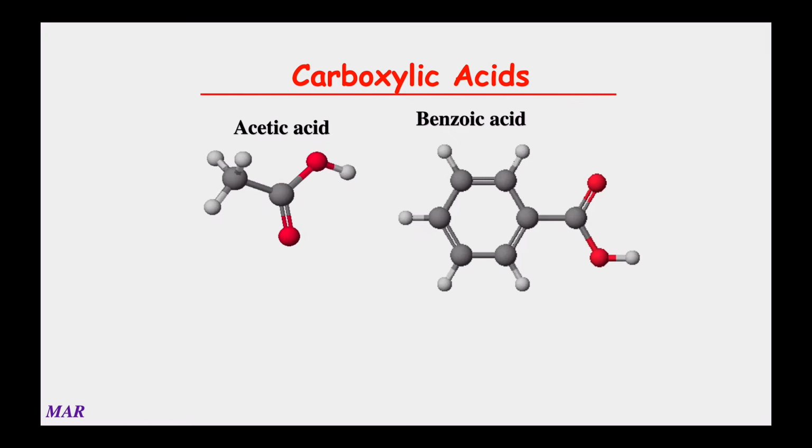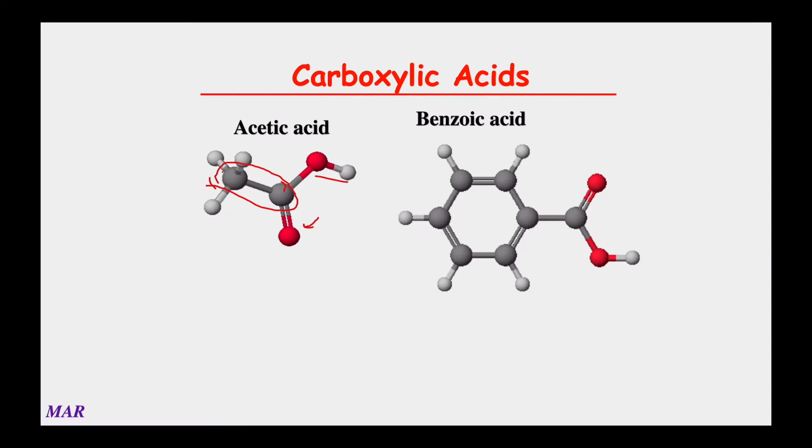Acetic acid is a common name for ethanoic acid. Ethanoic acid means 2 carbons, and those are the 2 carbons right there, with a C double bond O and the OH. So instead of calling it ethanoic acid, most people will call it acetic acid.